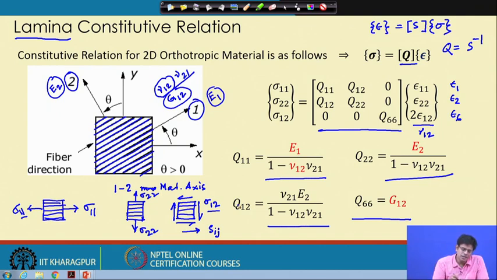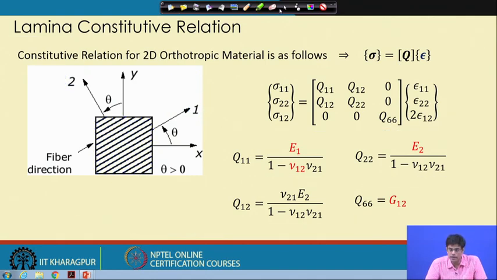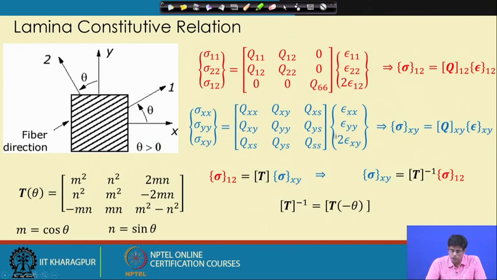Now when this structural axis is rotated, that means the angle between material axis and structural axis is theta here, for instance, then how we can transfer this, that we will see.